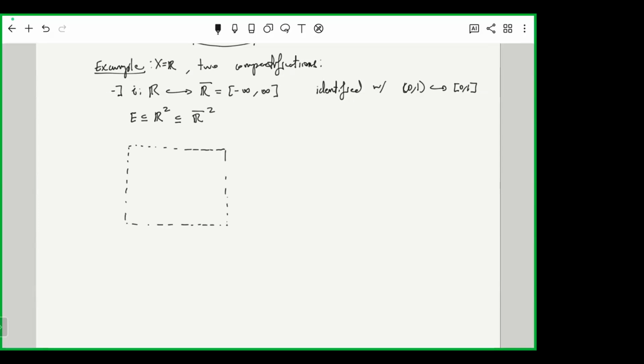The interior of the square is the plane, and this side here would correspond to infinity times R. This side would correspond to minus infinity times R. This corresponds to R times infinity, and this is R times minus infinity. So these corner points are infinity, infinity; minus infinity, minus infinity; infinity, minus infinity; and minus infinity, infinity.